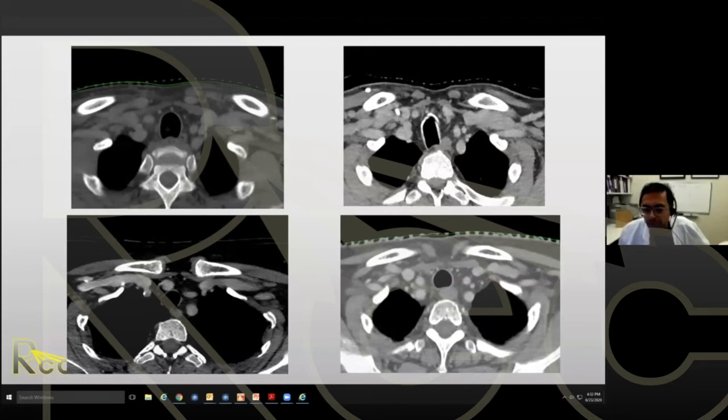Some people have shorter necks, right, or different anatomical variations. If I am uncertain, I will always go down to the manubrium. Any questions on that? Feel free to type it in.